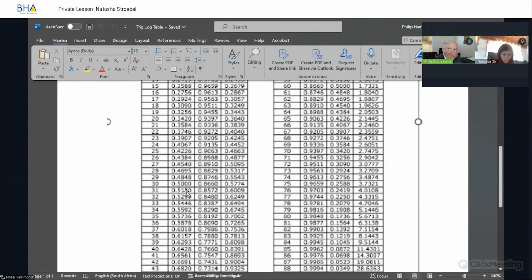Sine of 30 degrees would be 0.5000. All right? Divided by distance squared. Easy peasy. So you combine this convenience table, all right, which is where you look up your figures.